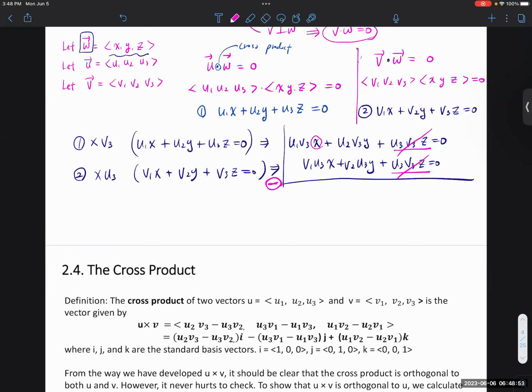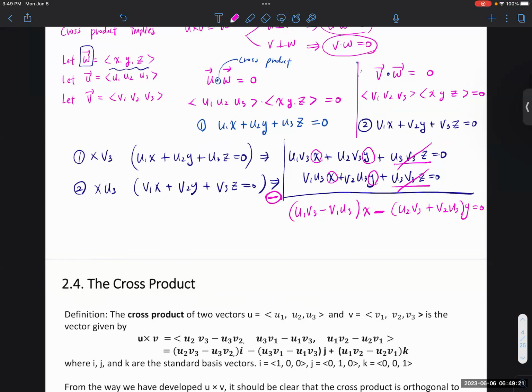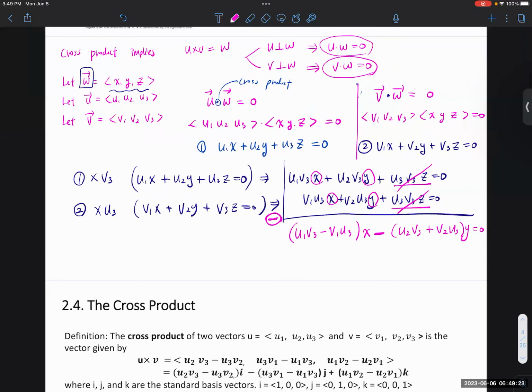You have X family, Y family, so therefore U1 V3 minus V1 U3 X plus U2 V3 minus V2 U3 Y equal to 0. This must be subtract because we subtract. Am I correct? So you can find out this equation from the system of equation rule.